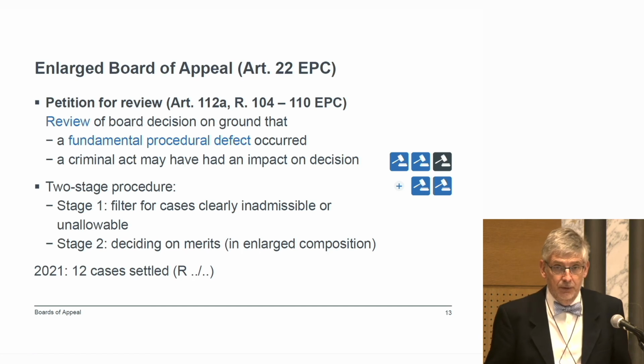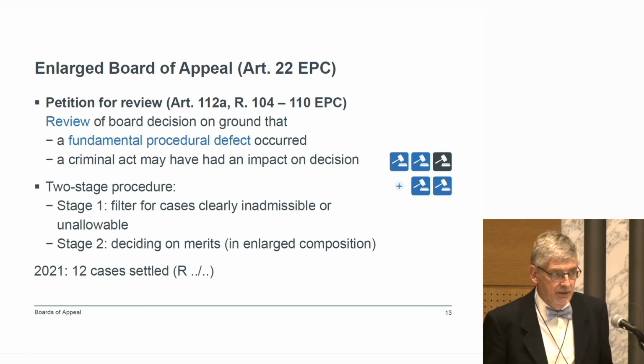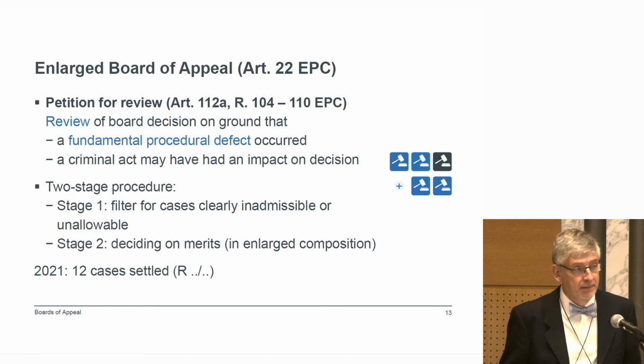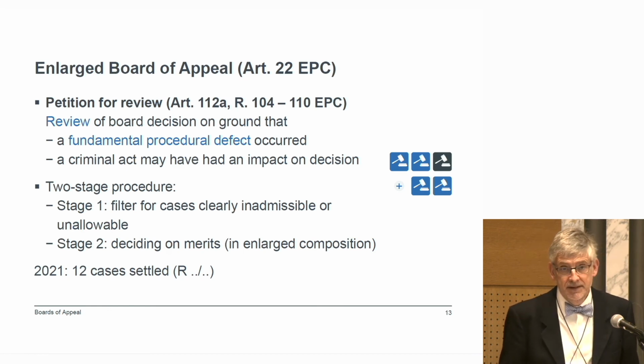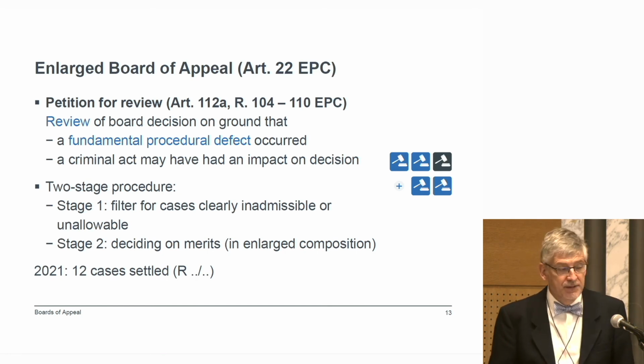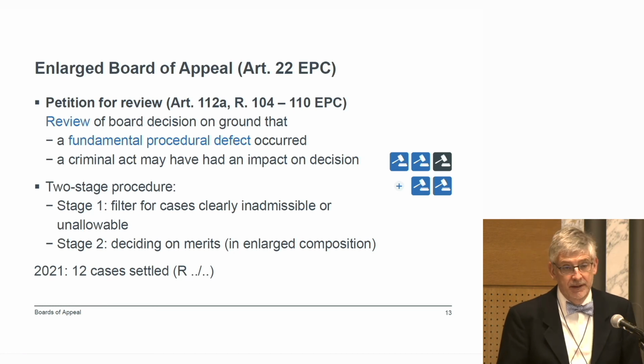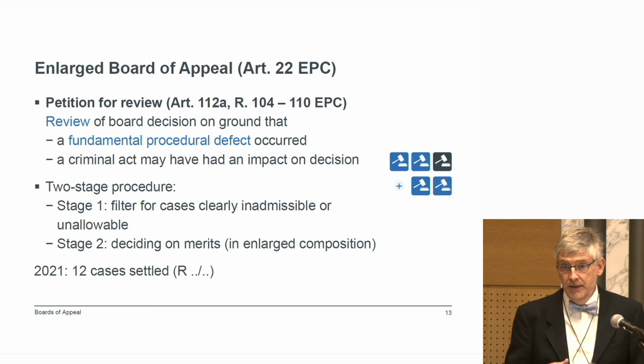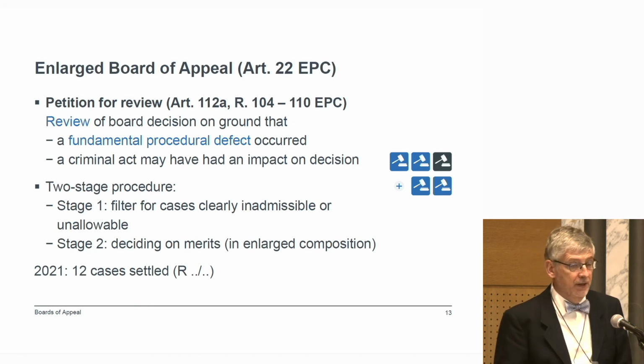The petition for review, that's something that was introduced in the year 2000 and came into force in December 2007. This is a system of internal correction where, in the appeal proceedings, a fundamental procedural violation occurred. Somebody was not given its full right to be heard.